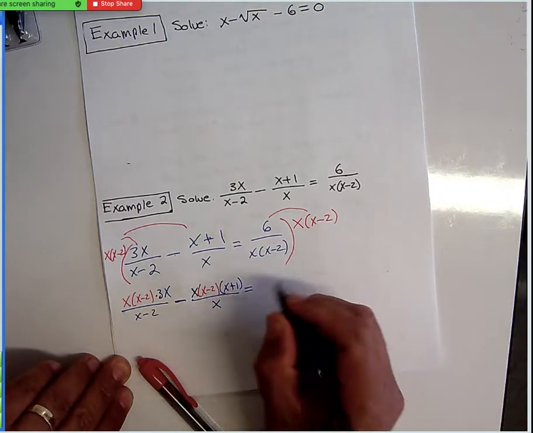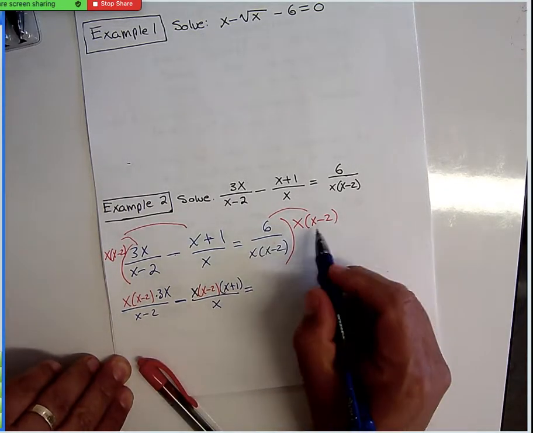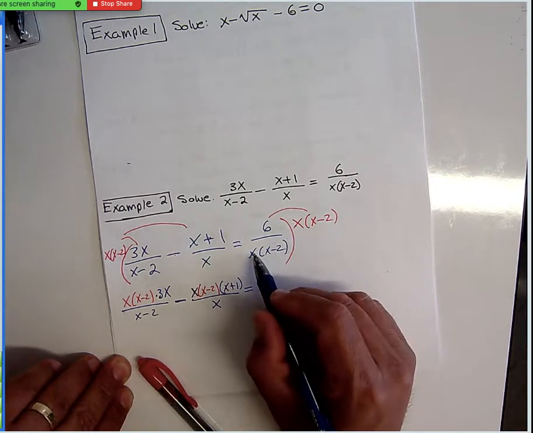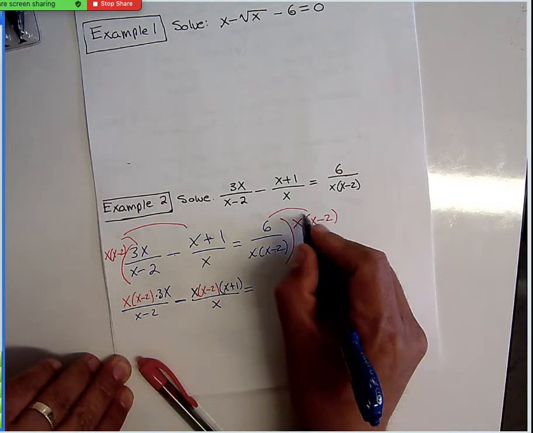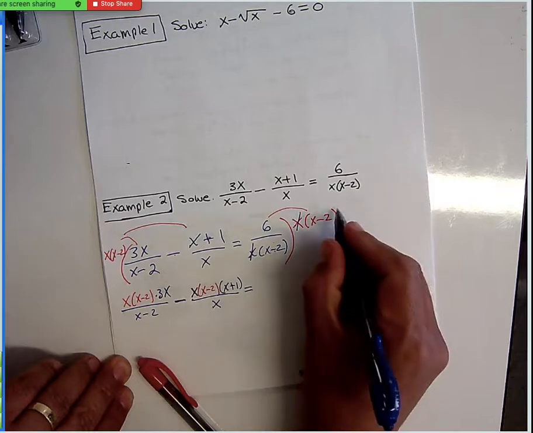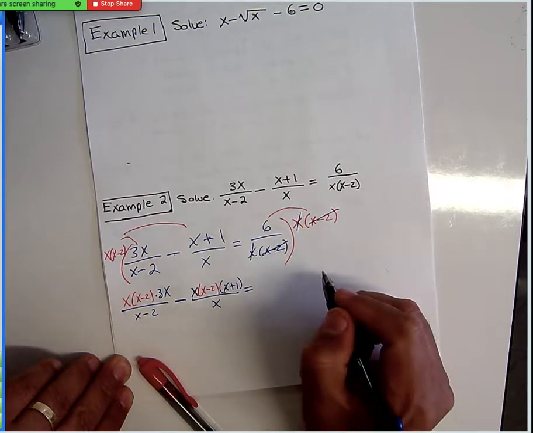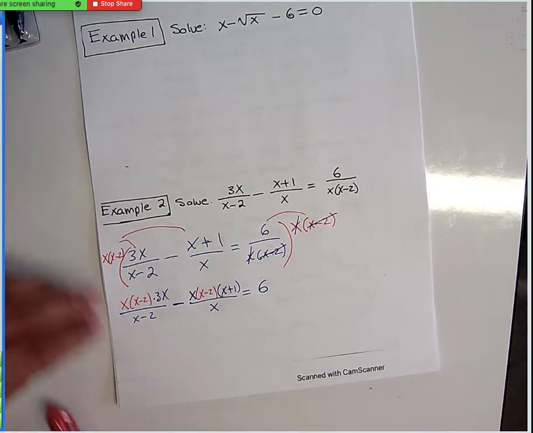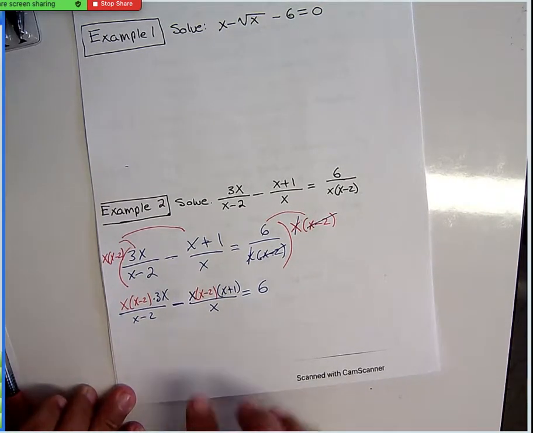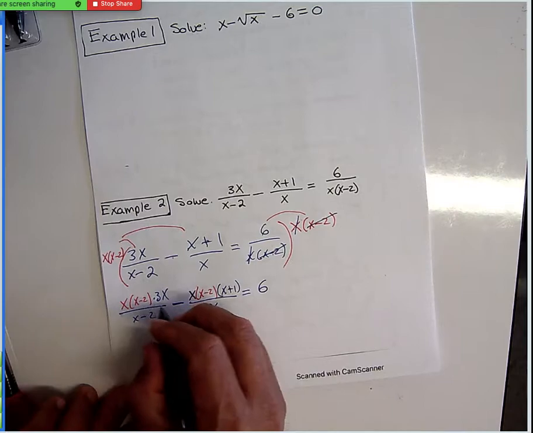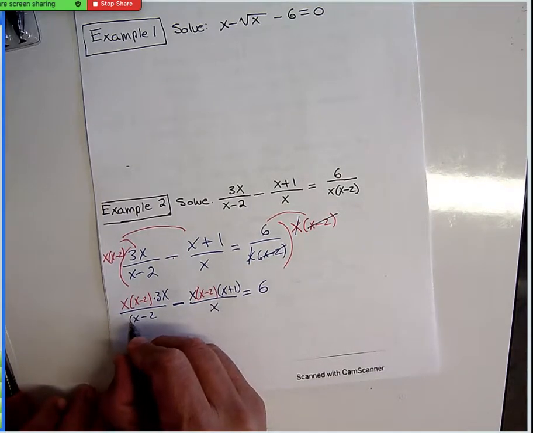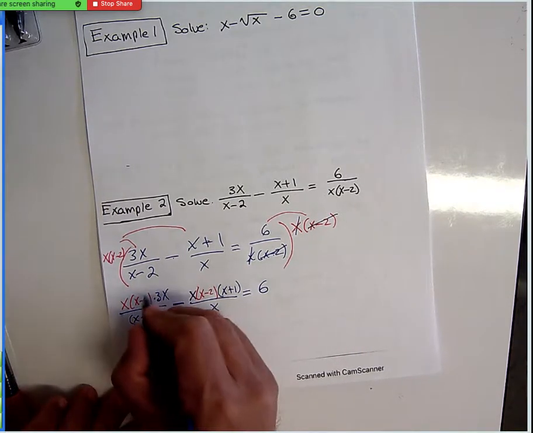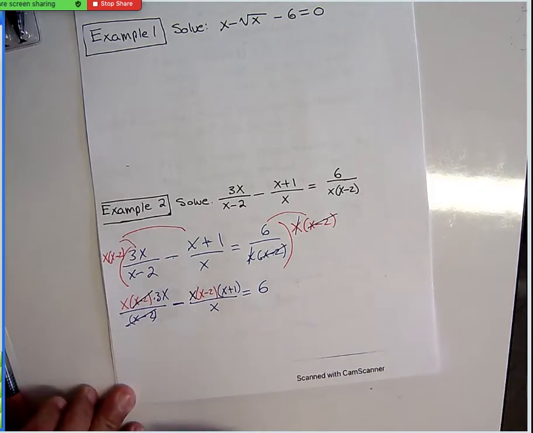And then this thing, I'm not going to distribute. You guys can tell that the x's will cancel and the x minus 2. So this cancels out, and this cancels out, so you end up with 6. Now for these individual terms, what can we cancel? We can put parentheses around it, and you can tell these two cancel out.